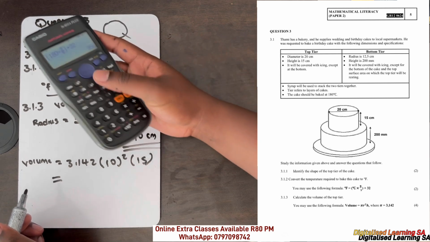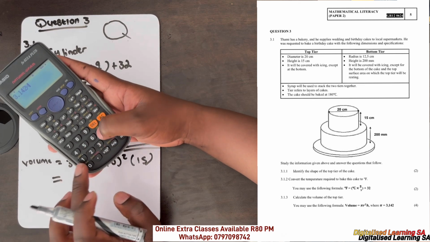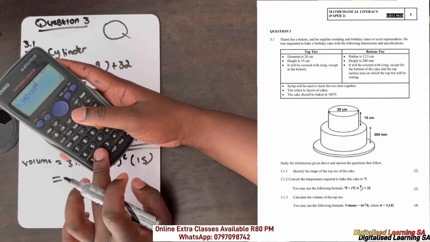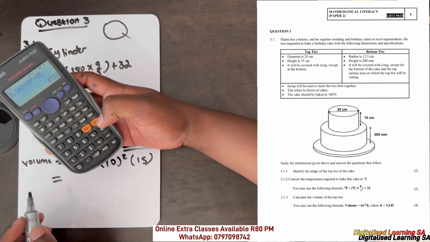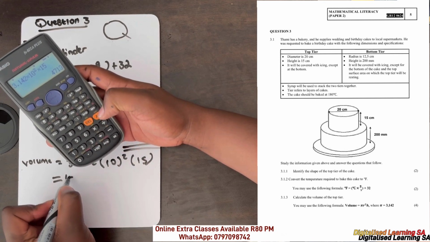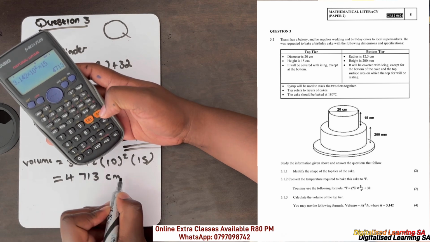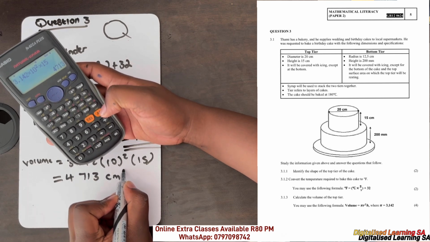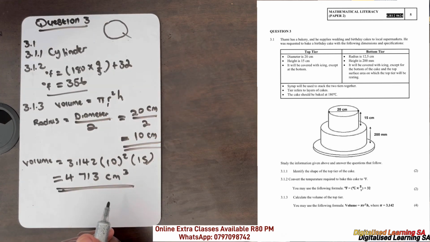So our volume will be 3.142 multiplied by 10 to the power 2, multiplied by 15, which is 4713 centimeters cubed. This will be our volume. Now let's move to our next question, question 3.1.4.